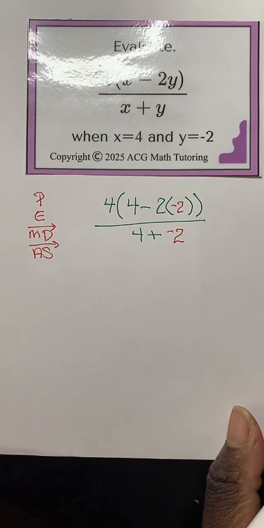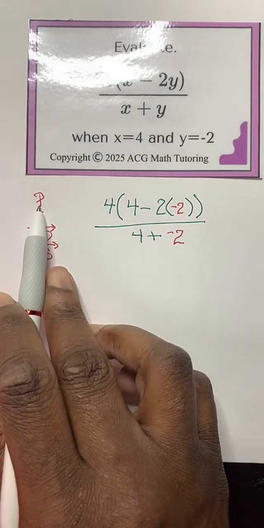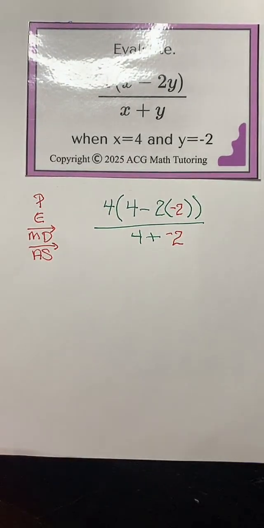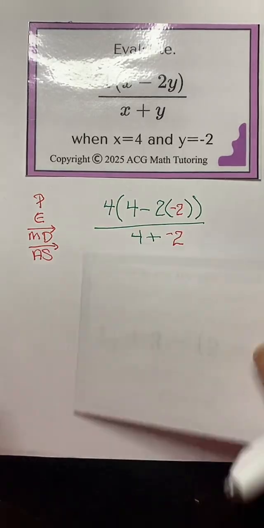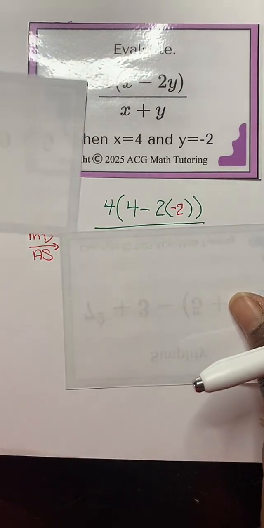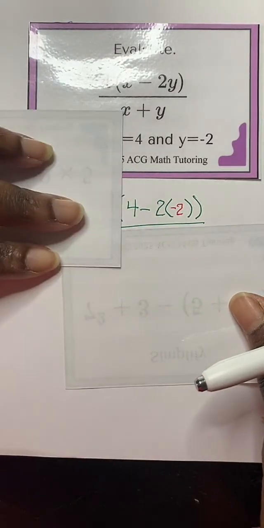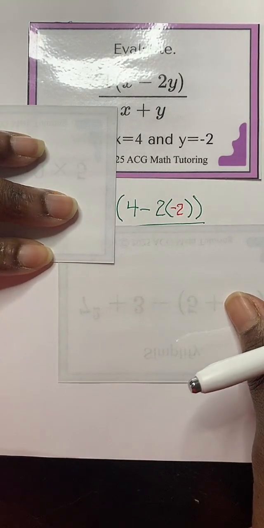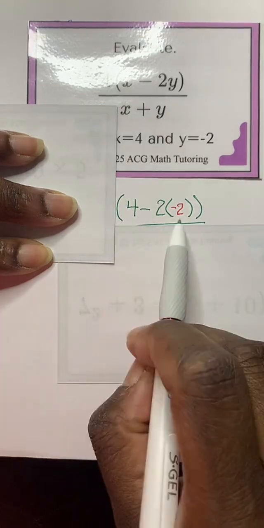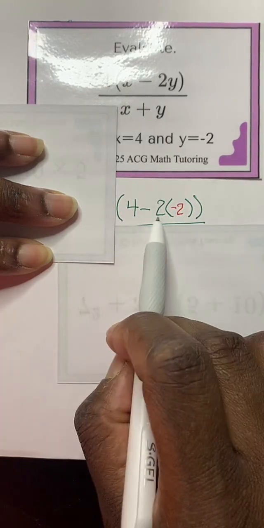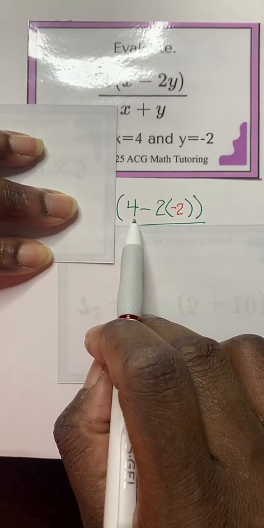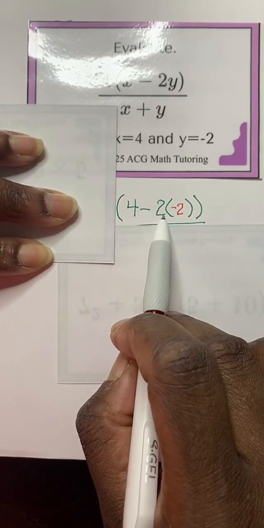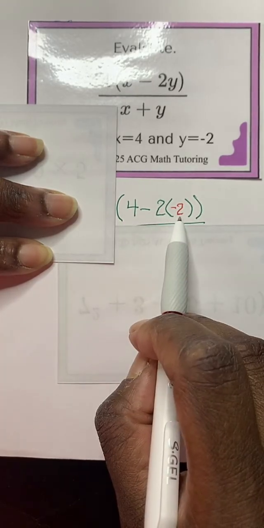All right. So, working inside the parentheses, let me do this as a cover up so it won't be too intensive. So what's going on inside that parenthesis? Well, I have multiplication right here. So I can't say, oh, let me do 4 minus 2, and then multiply it by the 2.